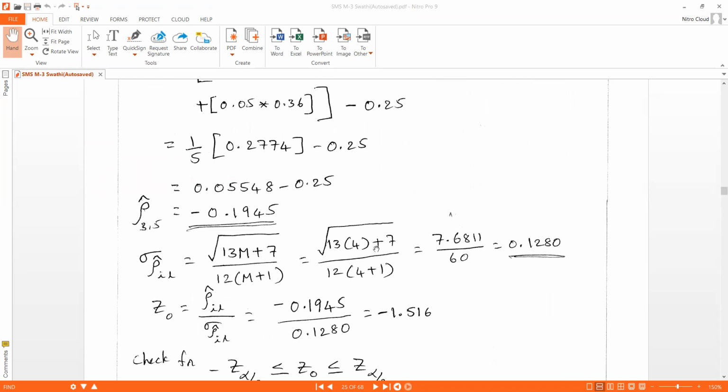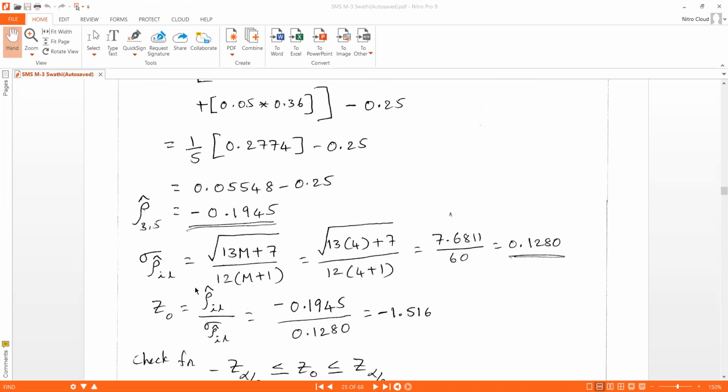Square root of 13 into 4 plus 7 divided by 12 into 4 plus 1. Okay, after computing this, we will get the value 0.1280.